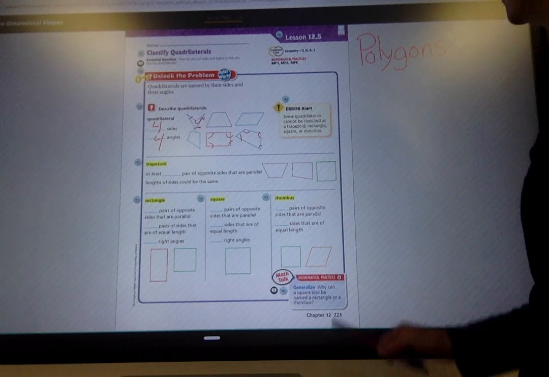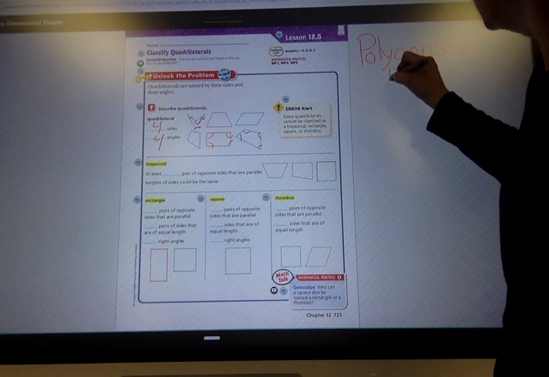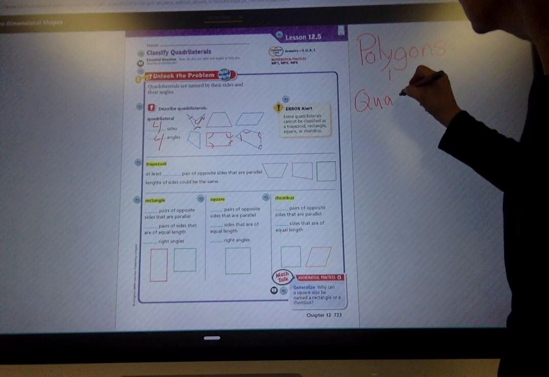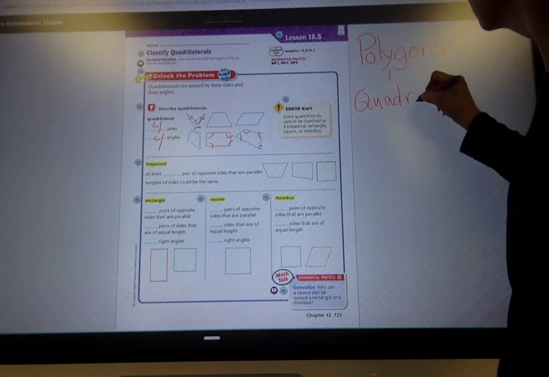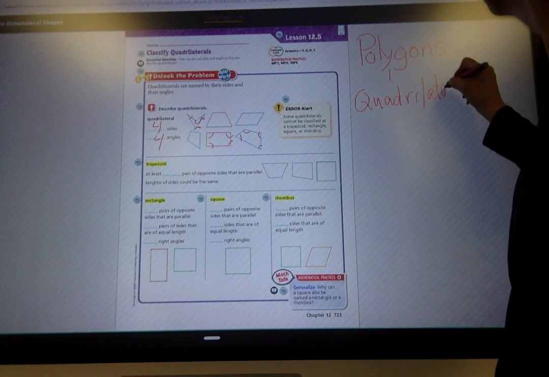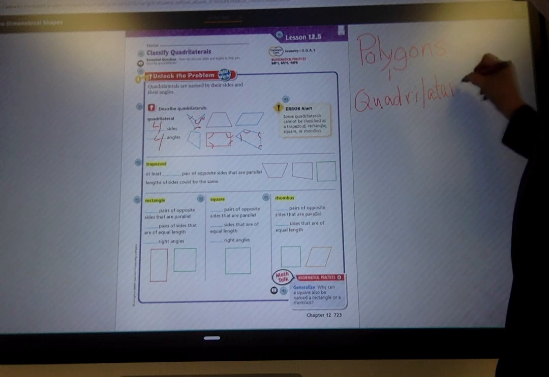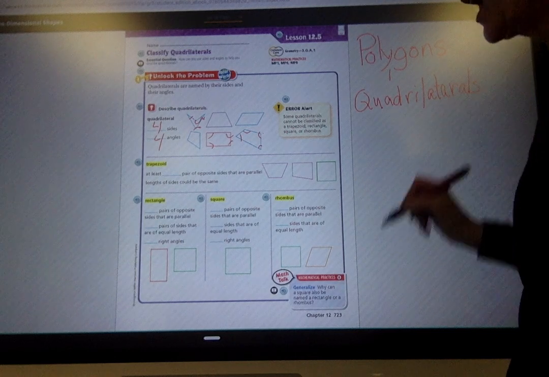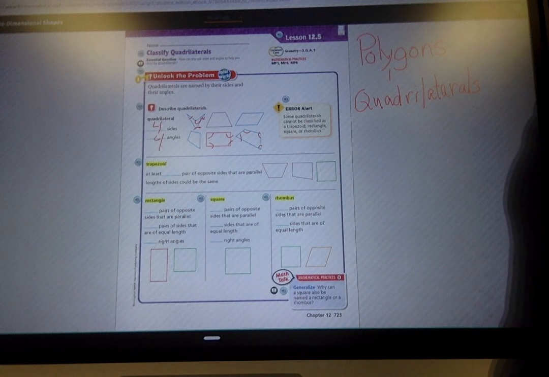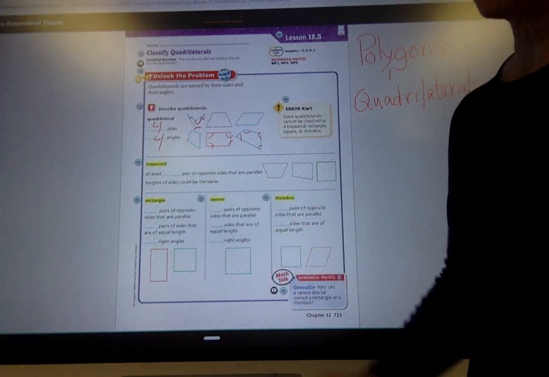Okay, so now, polygons, we have quadrilaterals, but there are many different types of quadrilaterals. Not many, but some. So there's trapezoid.